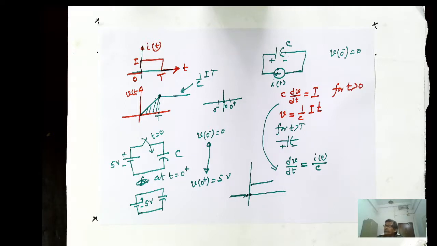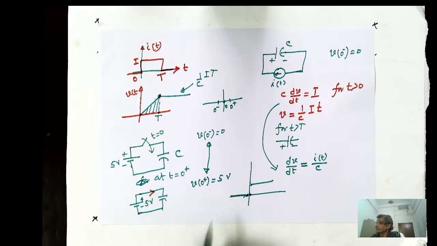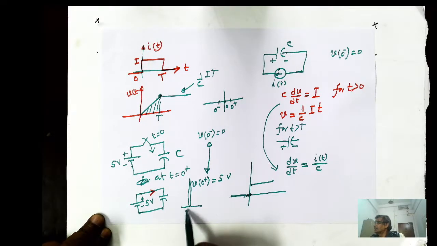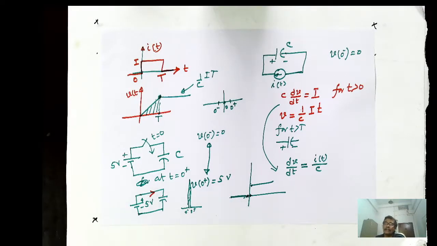Similarly here, you must conclude that the current in this capacitor branch will be an impulse, a spike of current between 0 minus and 0 plus, so that the area under this curve is constant. And such a situation should be avoided. It is not good for any circuit to have current changing like an impulse.